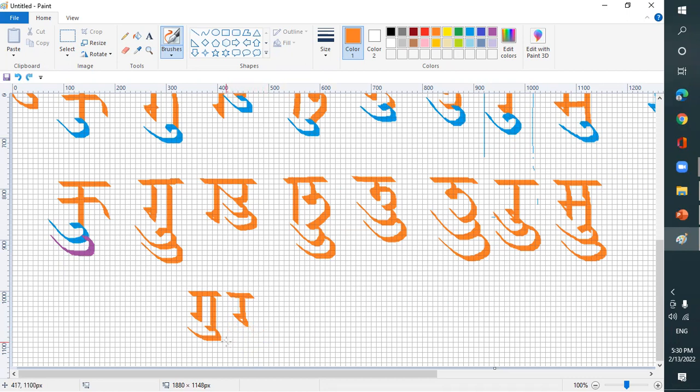Suppose this was G, only G, and I have to write Garu. Suppose example, I know that this R I cannot now exactly make it complete this, because now if I make U, it will thoda sa, it will become larger. So proportionally I just reduce that above alphabet slightly, not too much that it loses its shape, but then after that I adjust it.